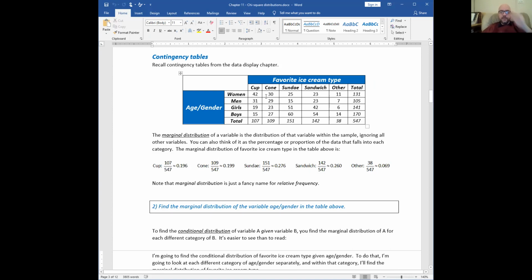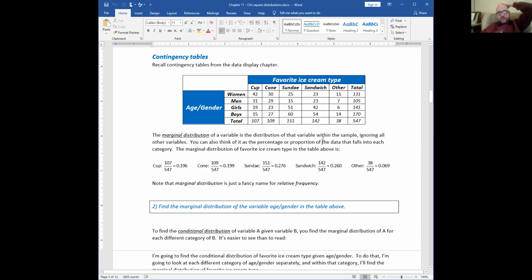In other words, the various marginal distributions for each category of age and gender should be about the same. That is to say, they should all be about the same as the total. So in other words, here's the idea.